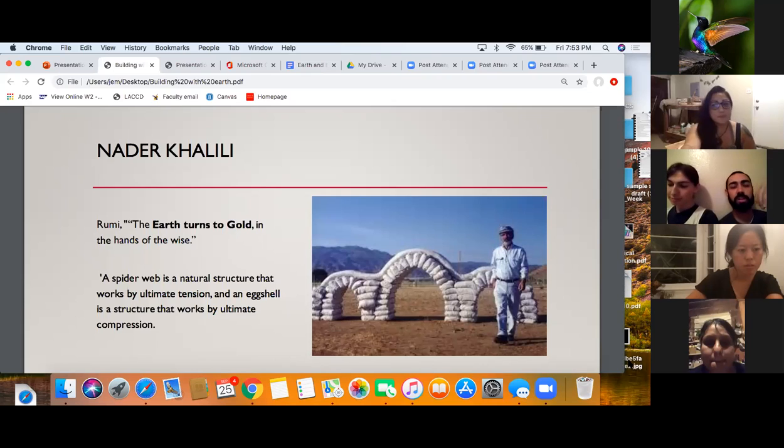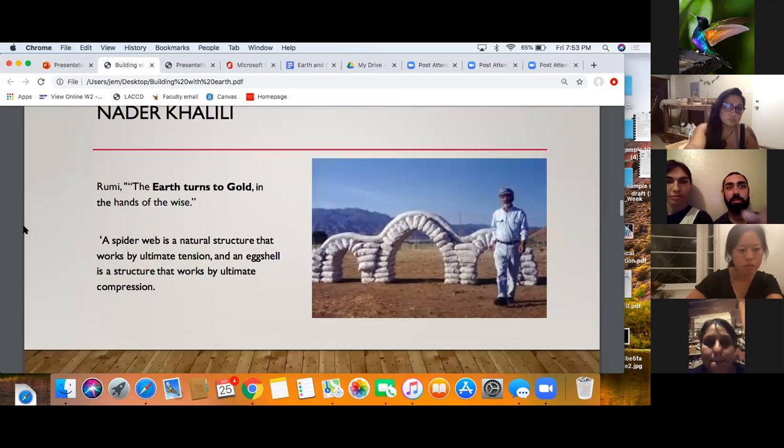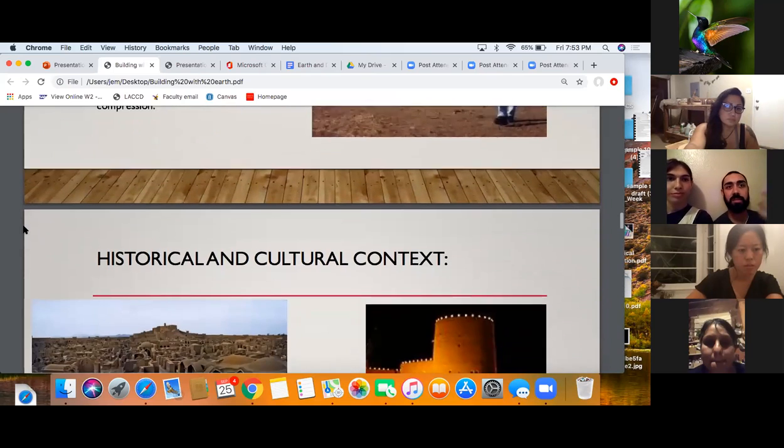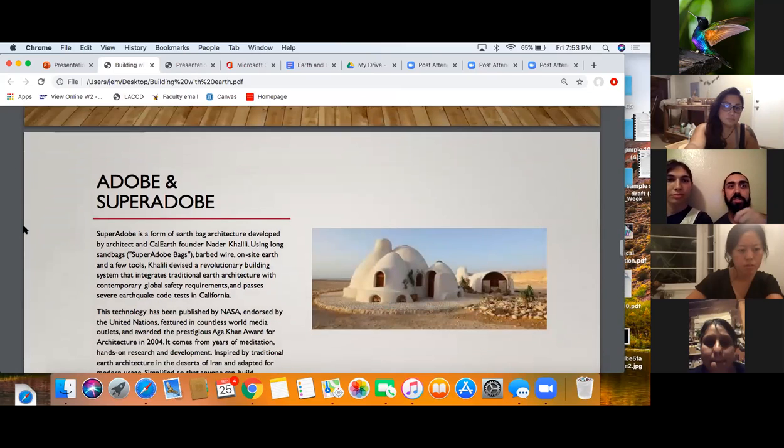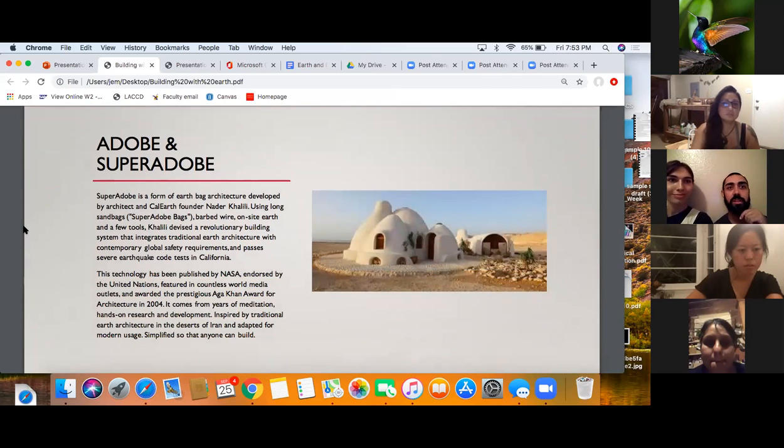The arch form puts the bags in compression. It allows the bags to be in a natural angle with the gravity of the earth, and it locks them into place. So you can build house structures with sandbags as long as you're using arch principles. You can see, perfect timing.